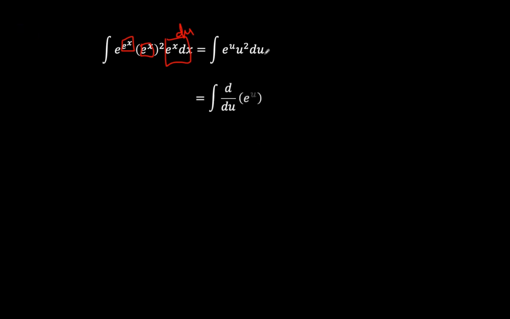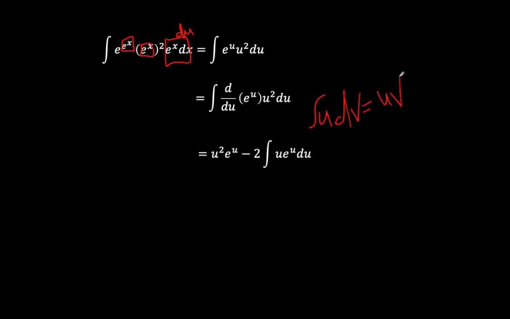And then obviously the derivative of e to the power u is the same as e to the power u. So this e to the power u is the same as the derivative of e to the power u with respect to u. And so using integration by parts, where if you have the integral of capital U dv, that's the same as capital U capital V minus the integral of capital V du.